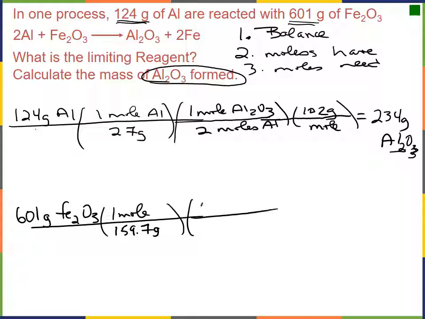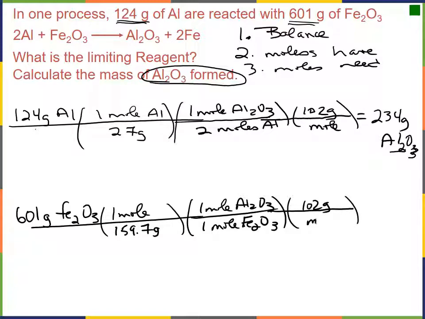We know that there's 1 mole of aluminum oxide for every 1 mole of the iron oxide. And we're going to use the molar mass of aluminum oxide, 102 grams per mole. We're calculating the same product both times so we can do a direct comparison. And that's going to give us 384 grams of aluminum oxide.